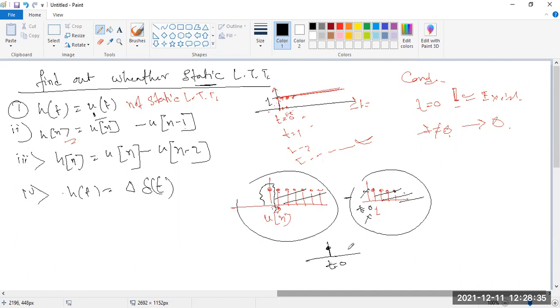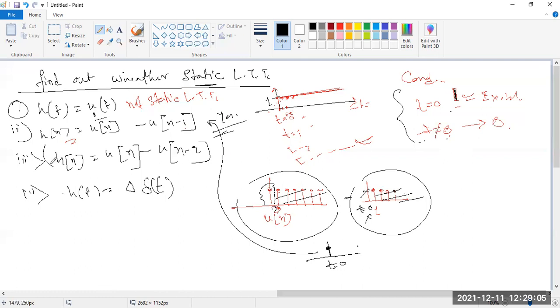Now we have to check whether this is static. Static means only at t equal to 0 something exists, and when t is not 0 it becomes 0. Yes, when t is 0 it exists, but at t equal to 1, 2, 3 it is all 0, and at t equal to -1, -2, -3 it is also 0. So it satisfies these rules, so yes, this is static.